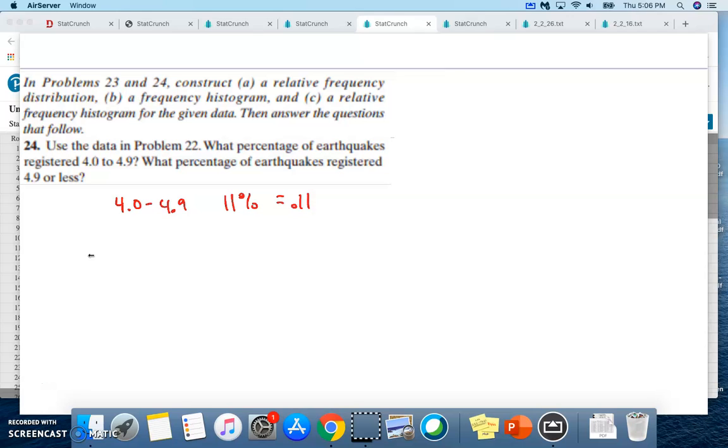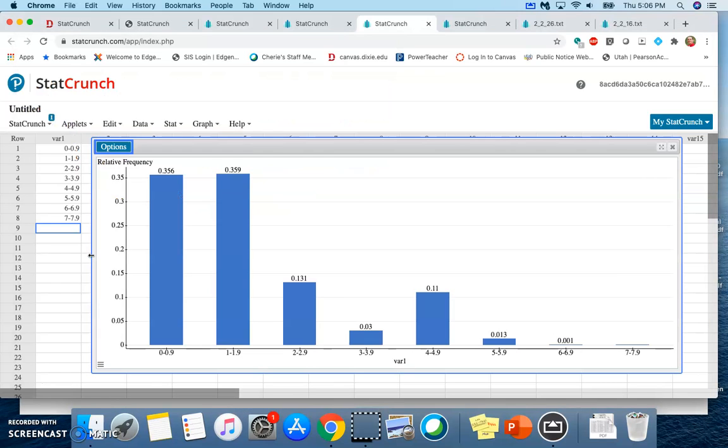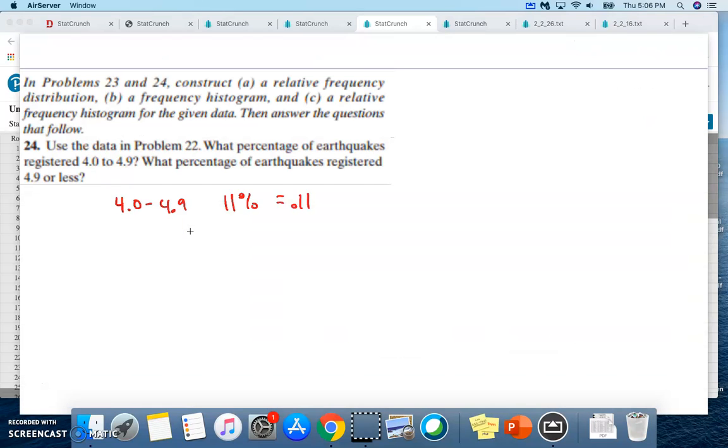So I'm going to look at my relative frequency, and 4.9 or less is going to be, you're going to add up 0.11 plus 0.03 plus 0.131. So you're going to add all of these relative frequencies together.